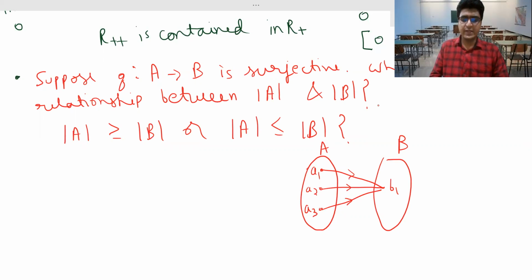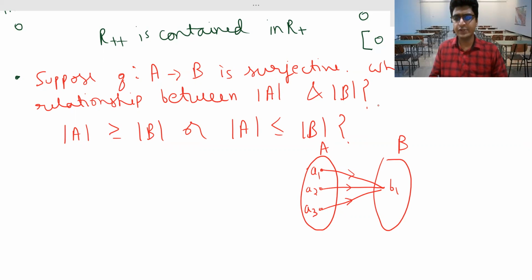Is this a function? Well, yes, because each element in set A is associated to exactly one element. There is exactly one arrow coming out of each of these elements in set A. So that makes it a function.